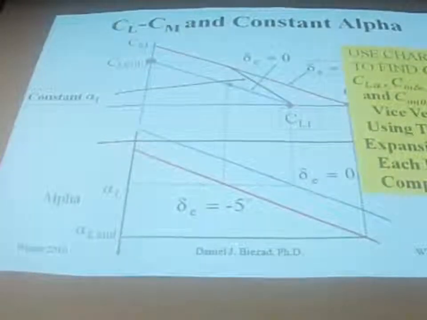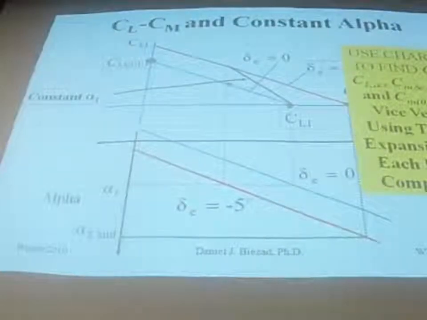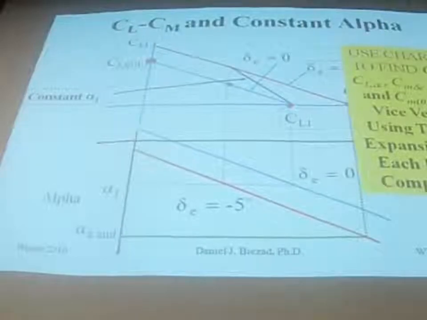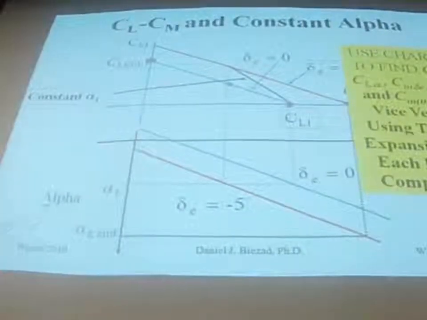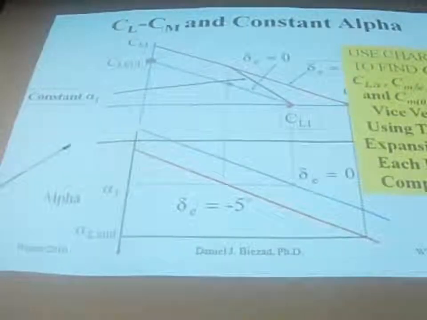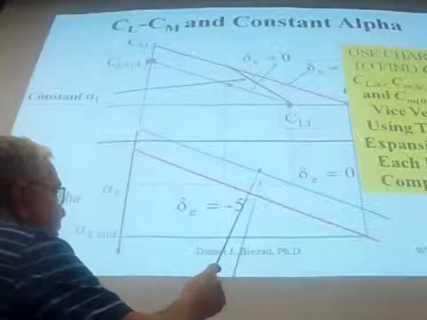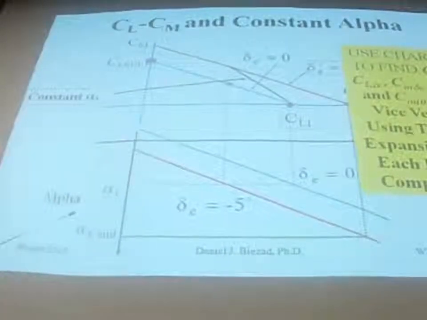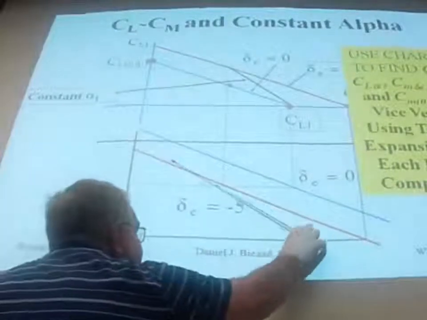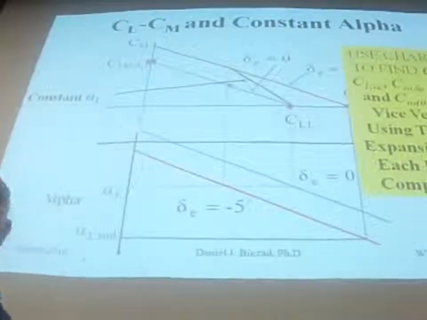Here's the catch. Here's the head fake for the test, okay? Here's the head fake for the test. That stall line you plotted, it's only good at the CG location that you chose. Think about it. When I pick these 2 points here, yes? Do those 2 points depend on the slope of that curve? In other words, if I change the slope of the curve, am I not going to move the points?